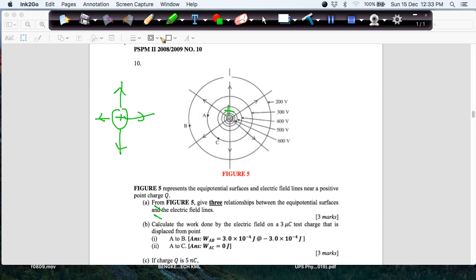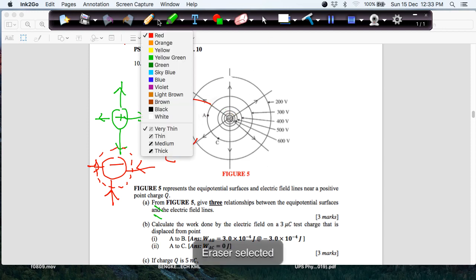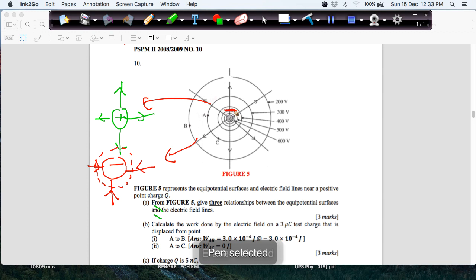But if you use a negative charge, the direction is inward. And for the equipotential surfaces, with a negative charge the values at A, B and C, VA, VB and VC, are all negative values. That's all.